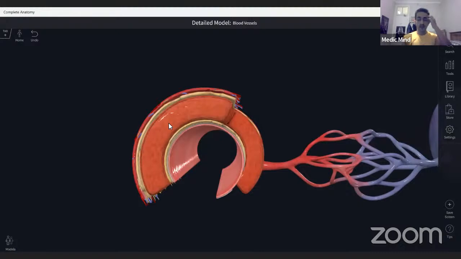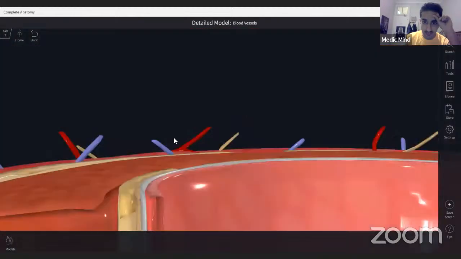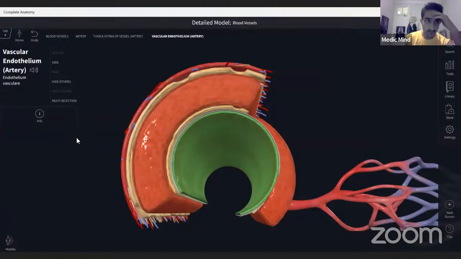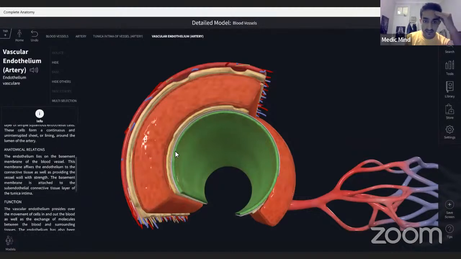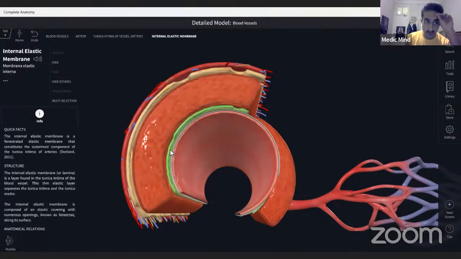As you can see, your arteries have three distinct layers. Your tunica intima is very thin. It's this inner layer, and it's made up of different structures: your vascular endothelium and then an internal elastic membrane.